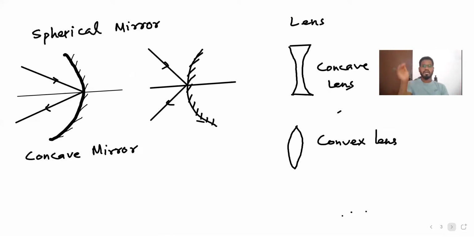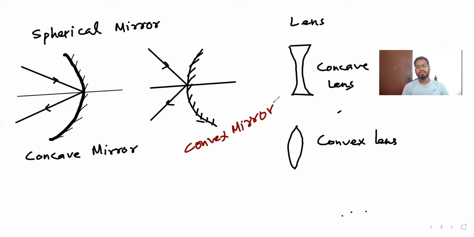If you see this part, this is not full, right? Now the ray of light is incident here. If reflection takes place at the inner cave part, it is known as a concave mirror. If reflection takes place at the outer part, that is known as a convex mirror. So concave mirror and convex mirror.